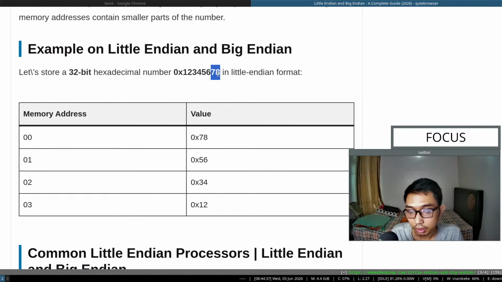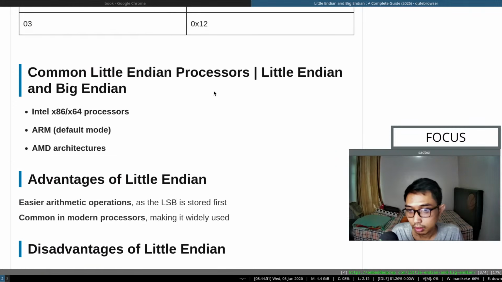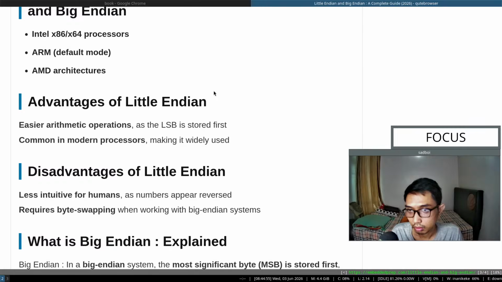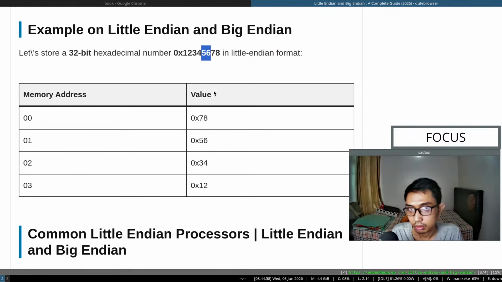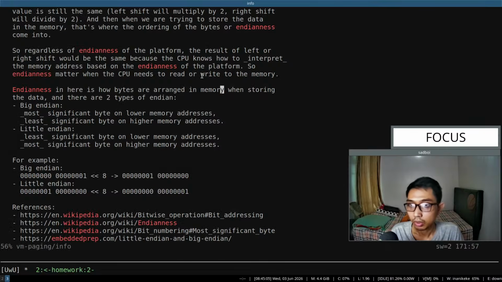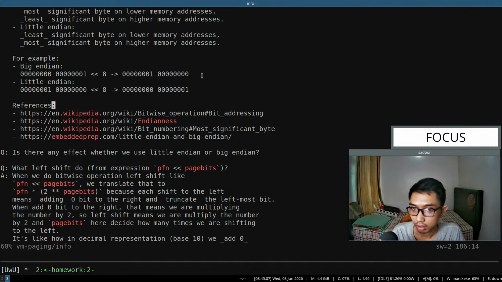Is the least significant byte always at the right or the last? Wait, no, not that one. Maybe. Yeah.